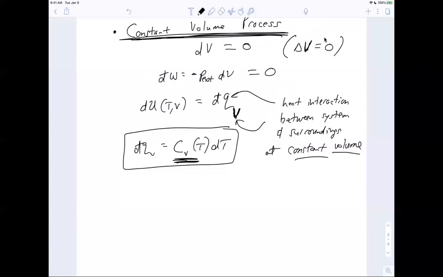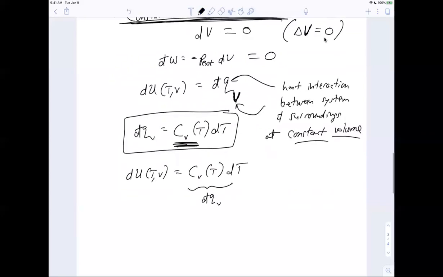So we can write dU, which is now a function of temperature and volume, as C sub v of T dT, where this is dq_v. And again, this is only at constant volume.